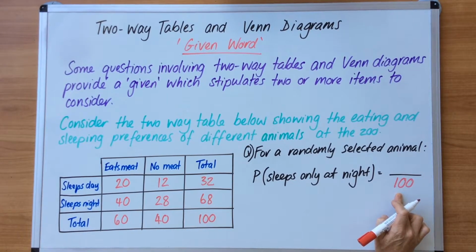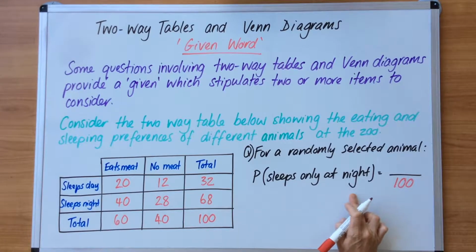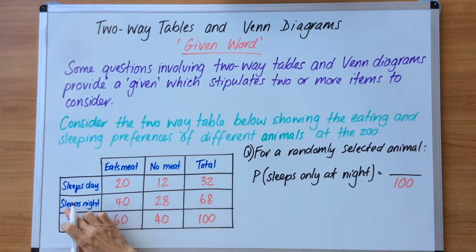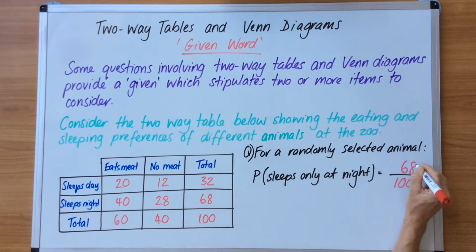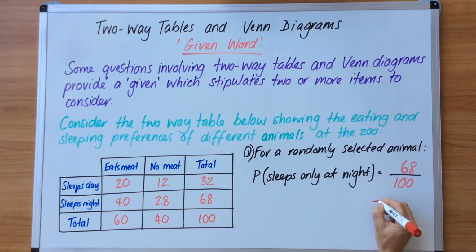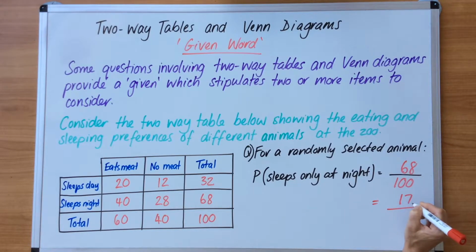Now, the number that sleeps at night only is 68. So 68 sits on the top of that fraction, and that can simplify down into 17 over 25 if you divide it by 4, and 4 being the highest common factor.